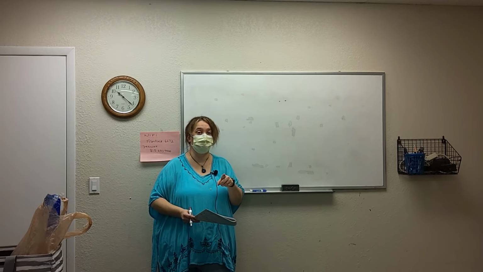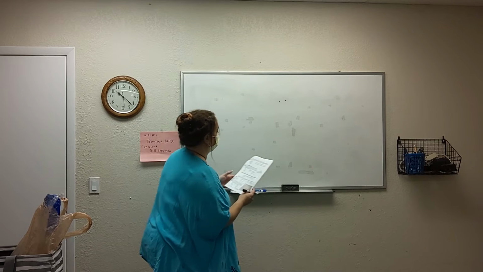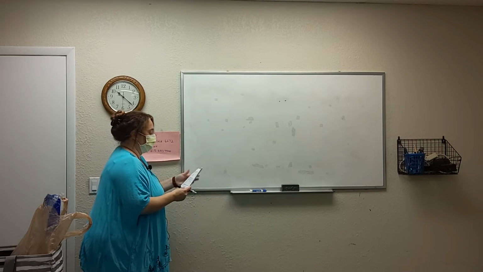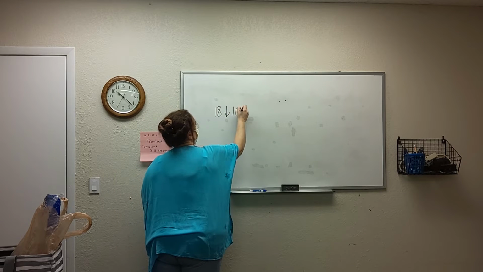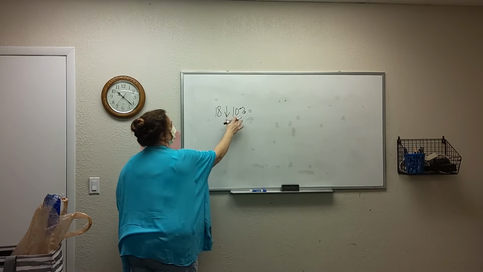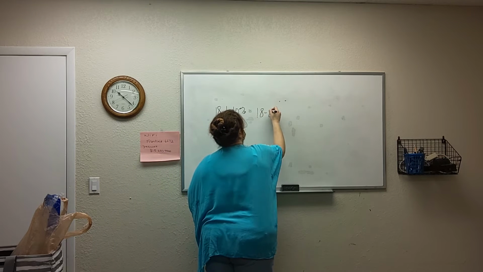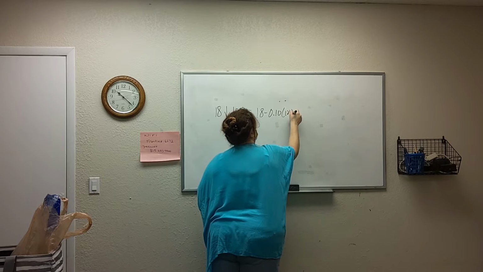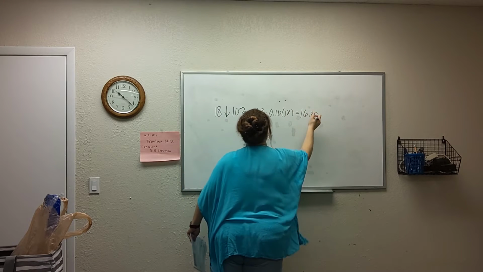Life lesson: when you're tipping somebody in a restaurant, you tip on the full price of the meal, not the discount price. Okay. So we're taking $18 and discounting it by 10%. So 18 minus 0.10 times 18. Put that through your calculator, you should get $16.20.